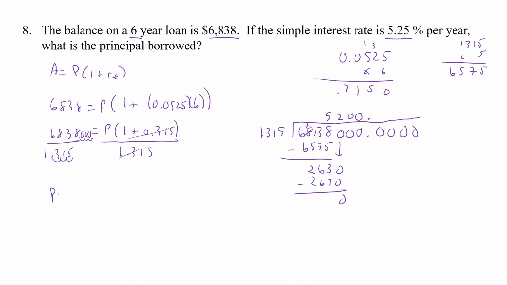And so P is equal to $5,200. Okay, and when we have this, you have to remember to keep filling in up into that decimal place. After the decimal place, if there's zeros, we just drop them, but you have to put them all in if they're not there. So that makes it $5,200 for the principal borrowed to get the balance of the 6838.